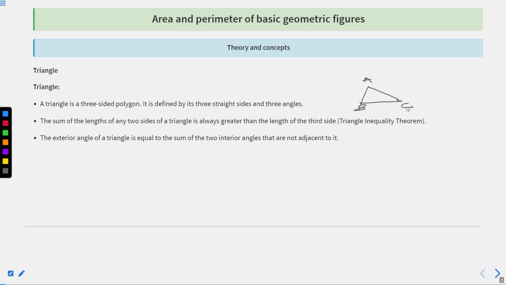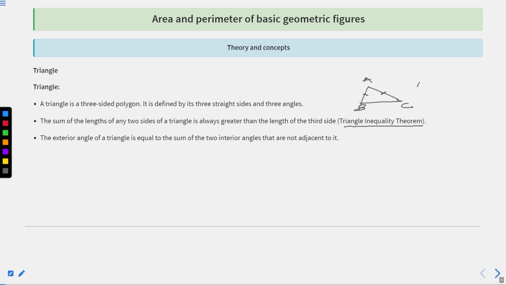The sum of the lengths of any two sides of a triangle is always greater than the length of the third side of the triangle. And this inequality is called the triangle inequality theorem. Mathematically, if I take the sum of this side and this side, it will be greater than the third side.